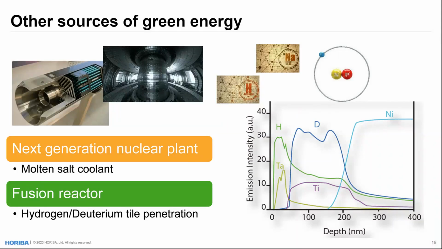As you can see here on the right side of the screen, this is a depth profile which shows the penetration of hydrogen and deuterium in a reactor body. So GD Profiler 2 can be used for molten salt coolant system. It can be used for reactor material. It can be used for different parts of this sort of industries.